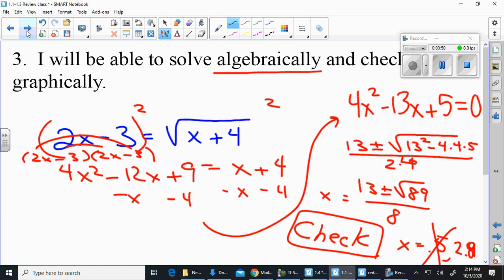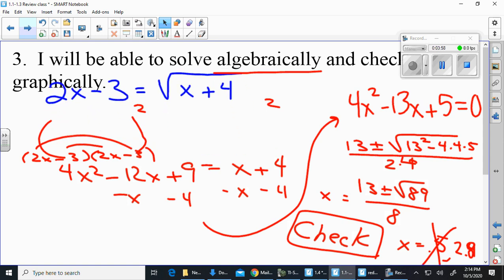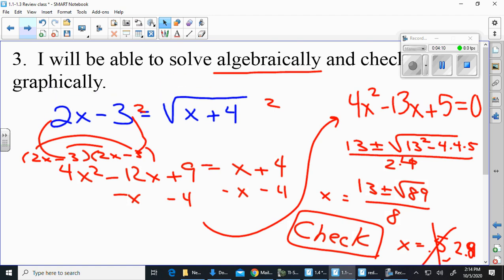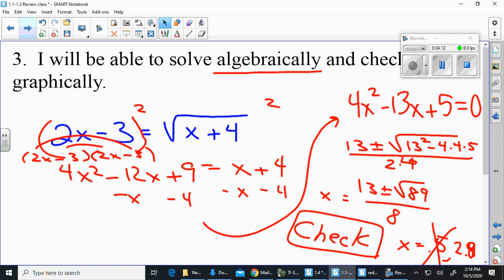Then this one was where I had a radical. So, you think of the original question, which was 2x minus 3 equals the square root of x plus 4. I squared both sides to get rid of that radical.